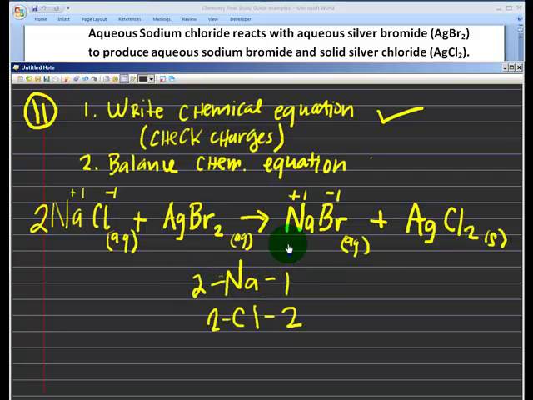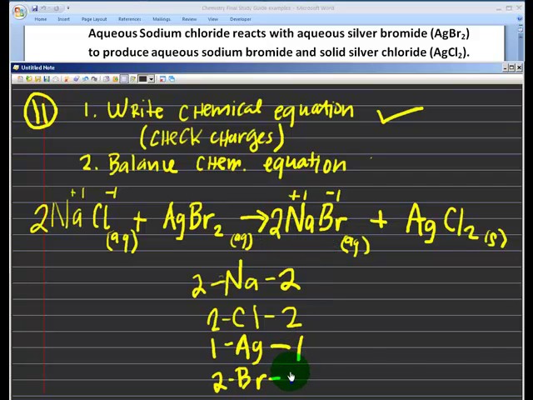And look, now on my right side, I need 2 here. I'm going to put a coefficient of 2. That gives me 2 sodiums on both sides. So now it's looking pretty good. Let's check my silvers. I have 1 silver on my reactant side, 1 silver on my product side, and now bromine. 2 bromines on my reactant side, and since we placed the coefficient of 2 in front of NaBr, I now have 2 times Br.